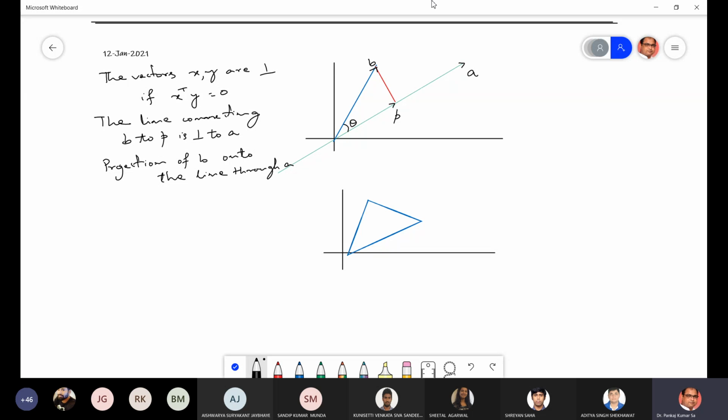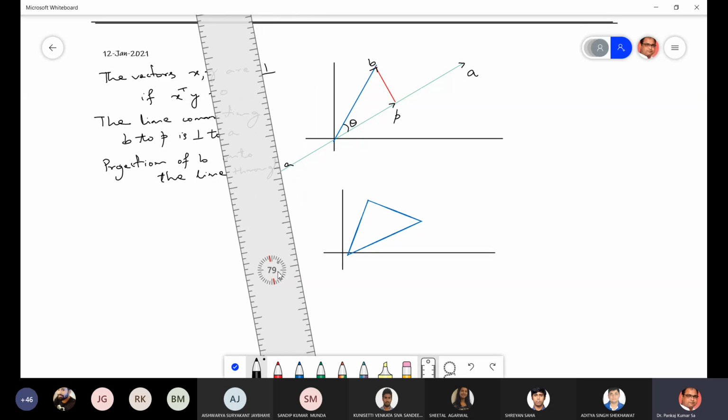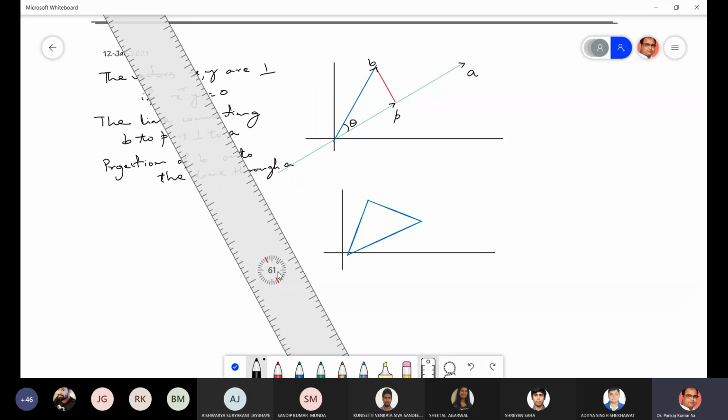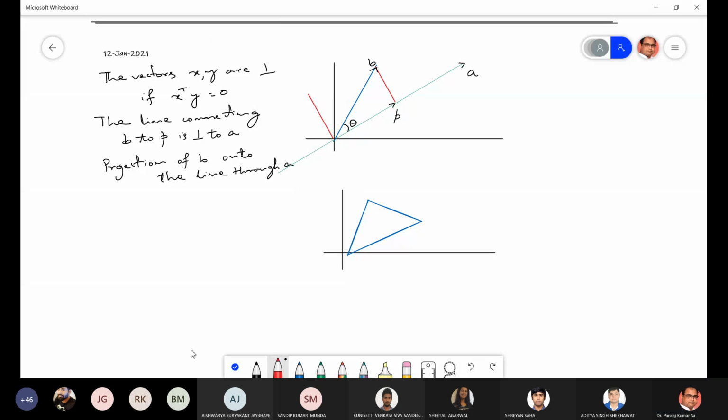So why is it so important? This red line, why is it so important? If I draw this red line, something like this, then you will realize why. Now look at this green vector A and this projection vector.